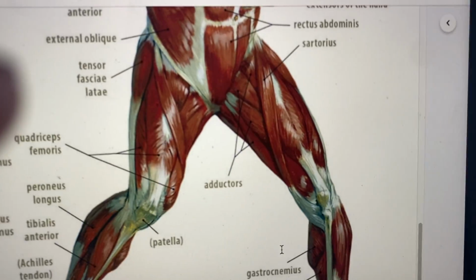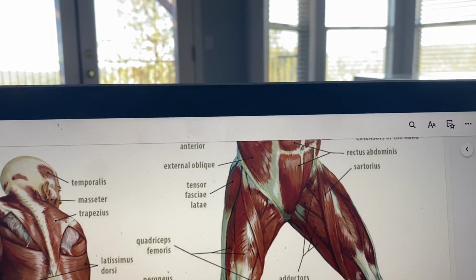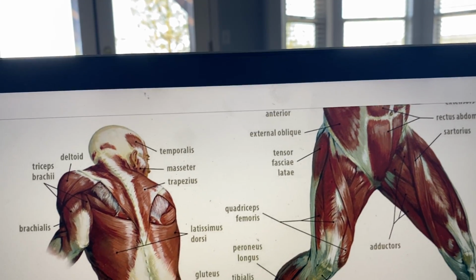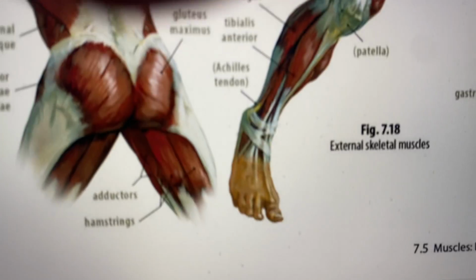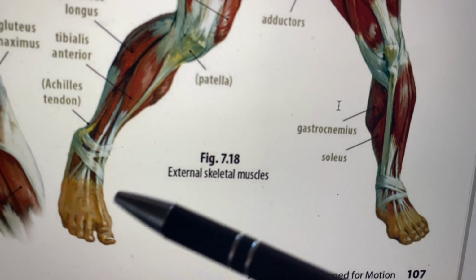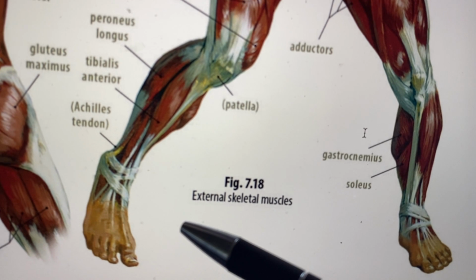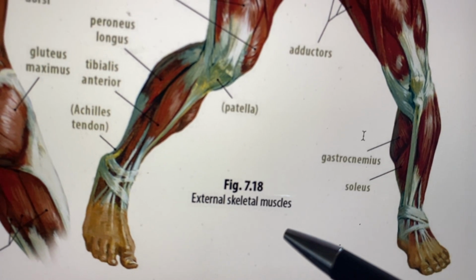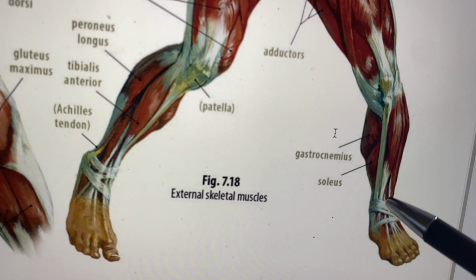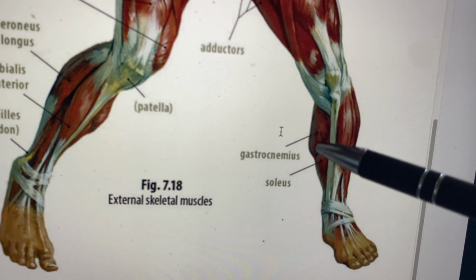So let's go on. We're going to go on to the feet. And then we're going to skip back up to the hands, because we had a big article on the hands. So here we have the feet. We have the muscle that goes down to your feet. So probably the most important muscle is this back calf muscle.